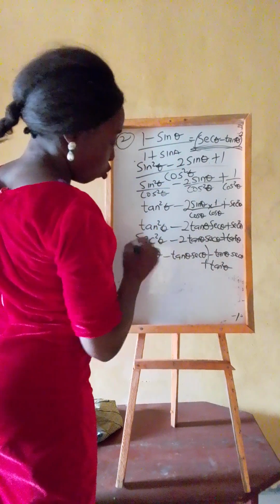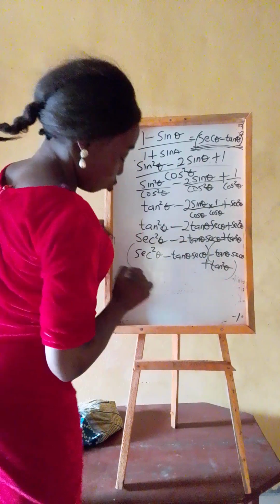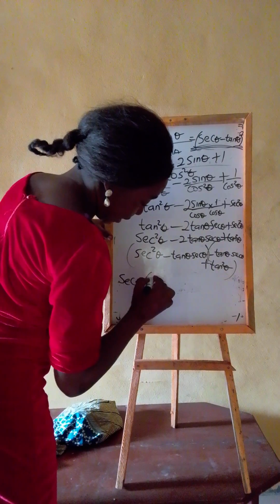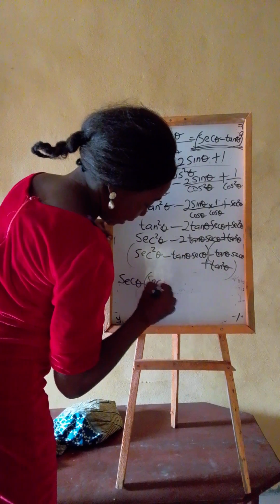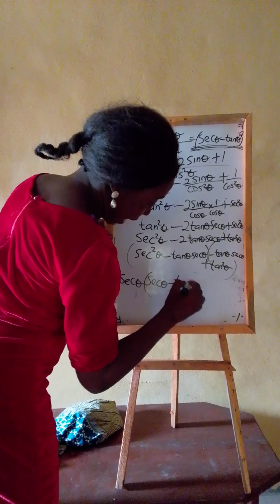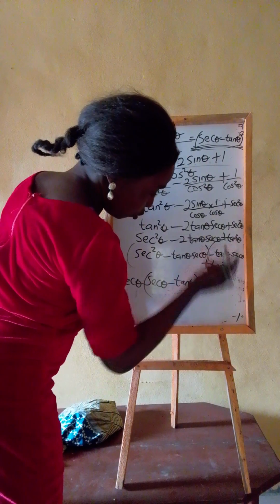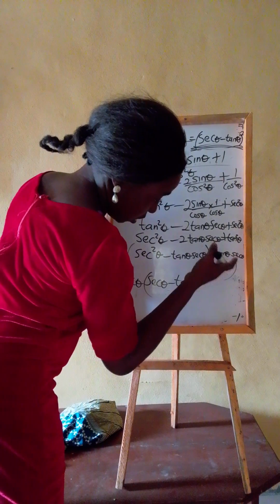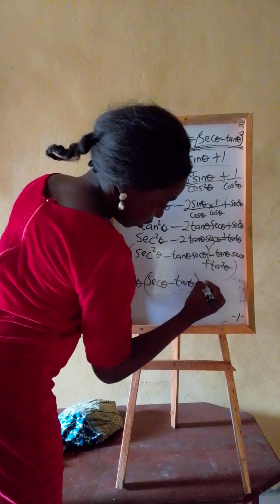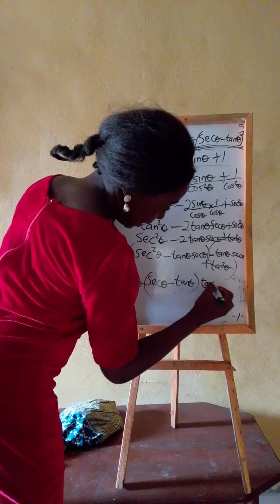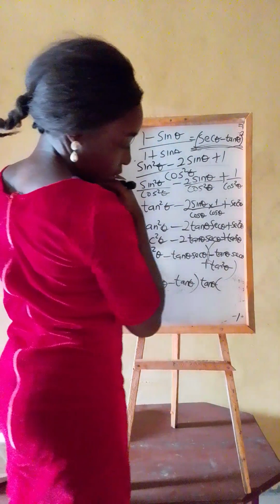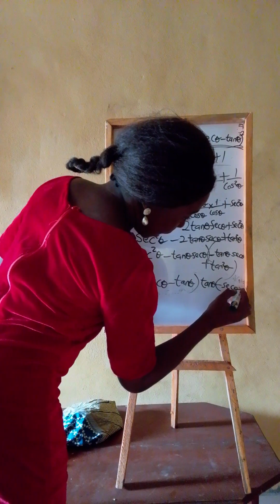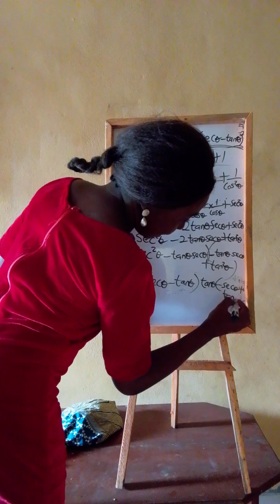So you do it in 2 ways. Sec theta is common, so sec theta into bracket sec theta minus tan theta. Here tan theta is common, so tan theta into brackets minus sec theta plus tan theta.